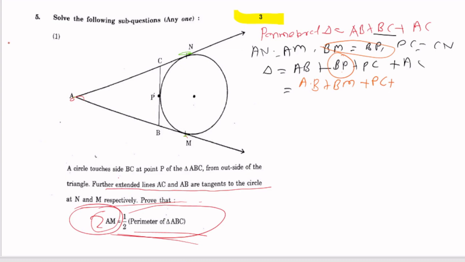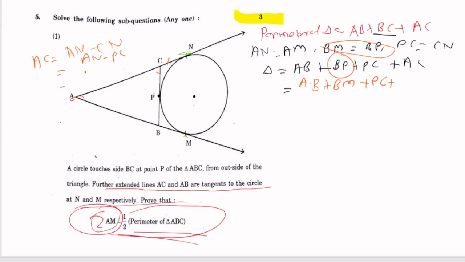Now AC. What do you have to do with AC? Can we say AC is equal to AN minus CN? But what is CN? CN is equal to PC. So AN minus PC.